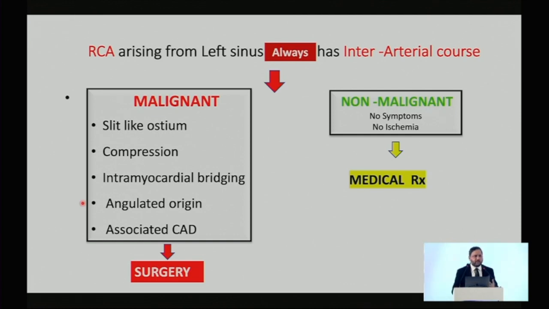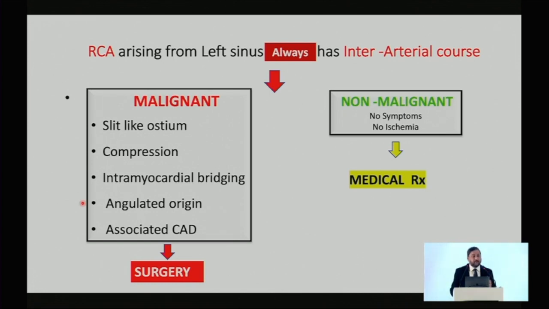If there is no angina, of course with acute myocardial infarction you will have to handle it. What we are talking about is a stable setting when you see anomalous origin of the RCA in your angiogram from the left sinus. It is mostly non-malignant. There are no symptoms, there is no ischemia, and nothing is to be done about it.